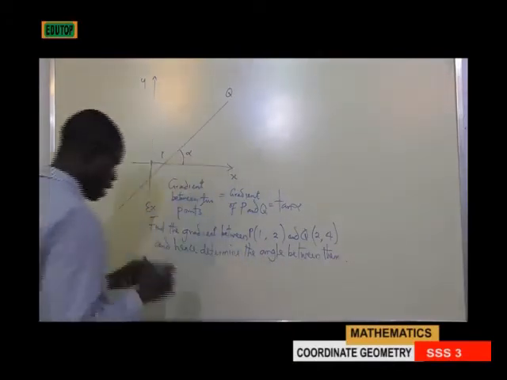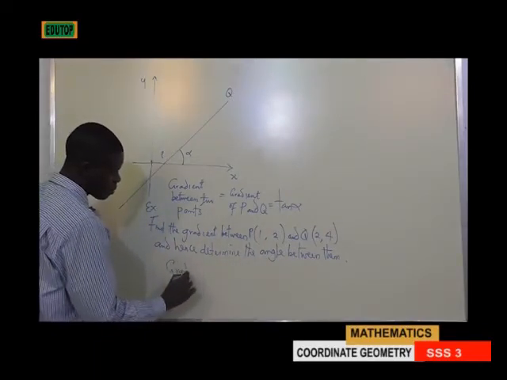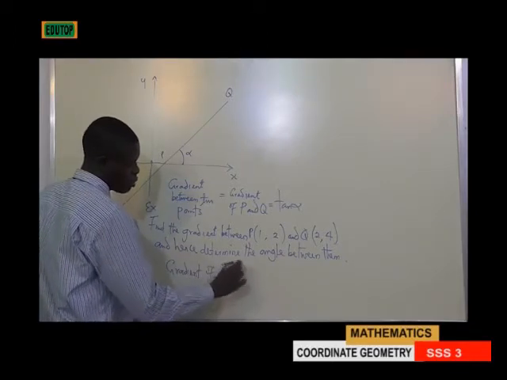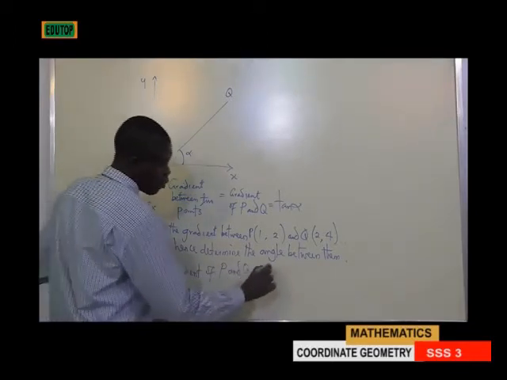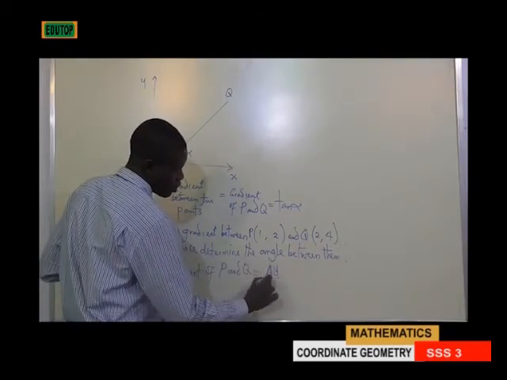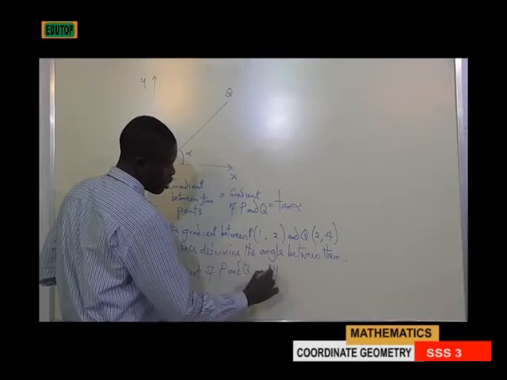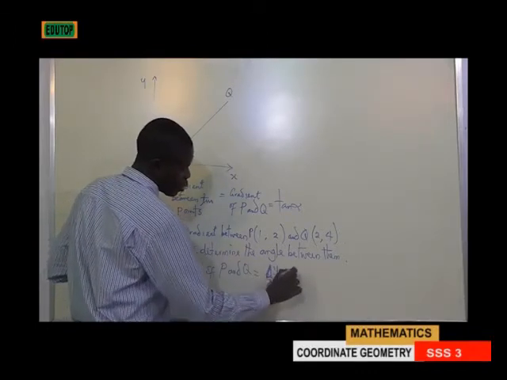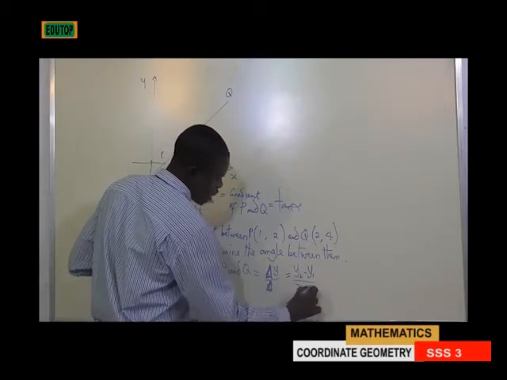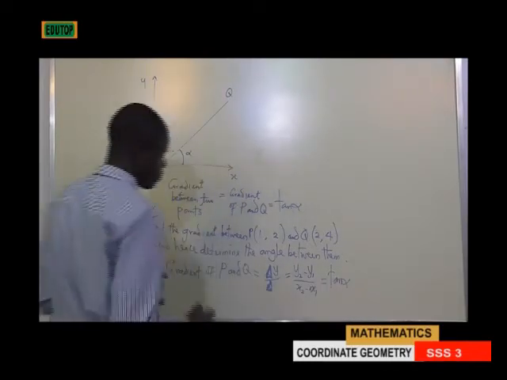The first thing to do here is to determine our gradient. The gradient of P and Q is going to be the change in y over the change in x. This is a large change, not an infinitesimal change, which is equal to y2 minus y1 over x2 minus x1, and is equal to tan alpha.